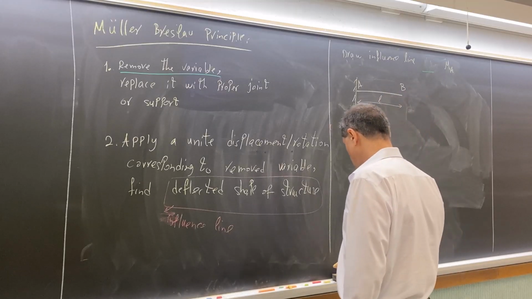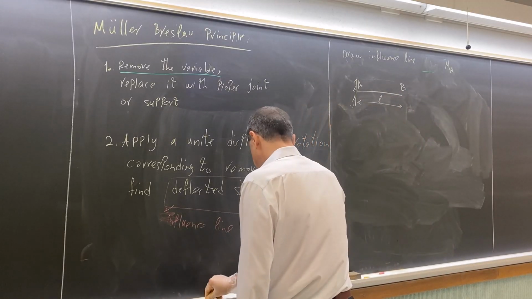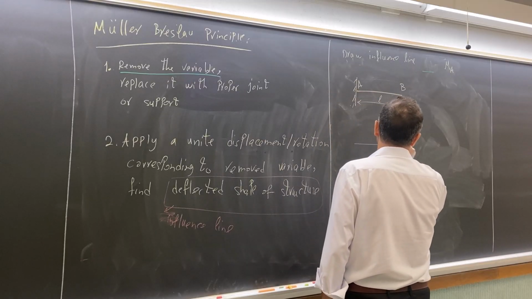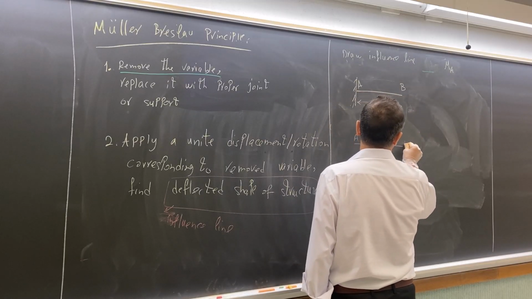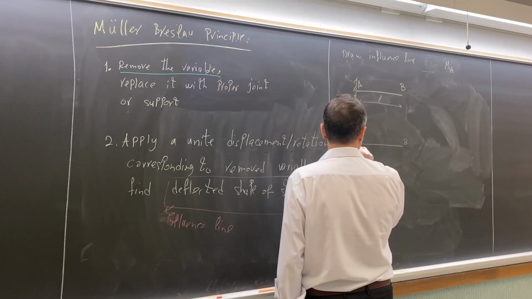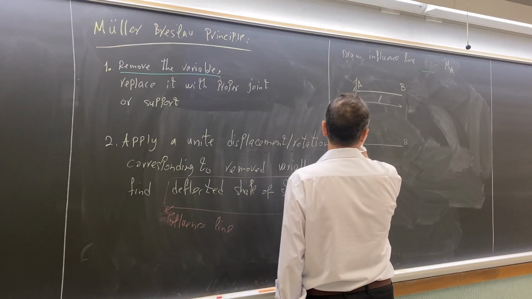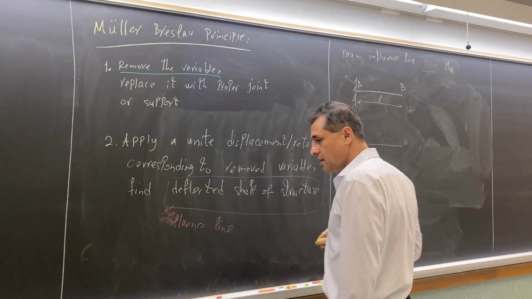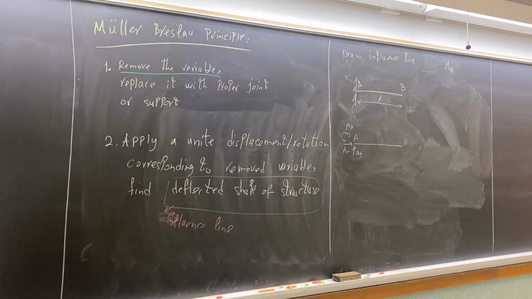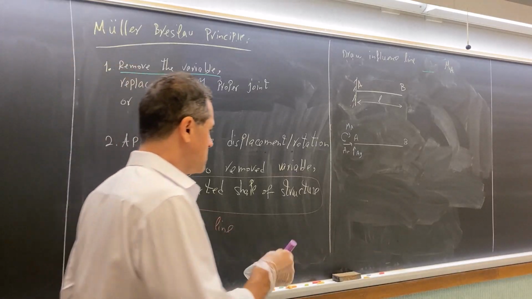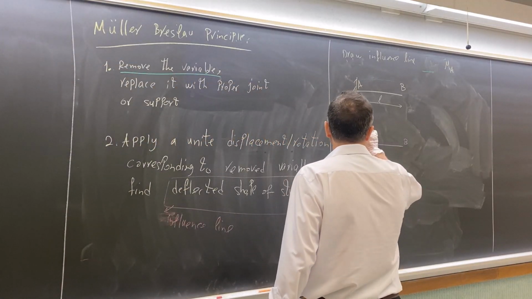This is the beam from A to B. The reactions are AY, AX, MA. Which variable shall we remove? Yes, the moment at point A. We just remove it.